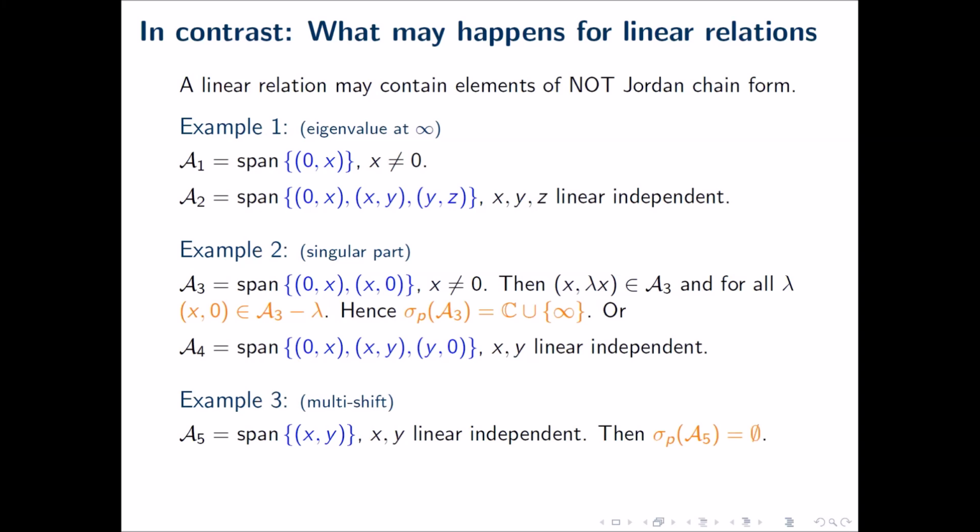Now we looked at something like this, and you see it is, well, this very small guy, let's say a one-dimensional linear relation, right? It consists only of one element. And of course, no matter how you multiply and add, you will never get a 0 in the second component because these two guys are linearly independent.